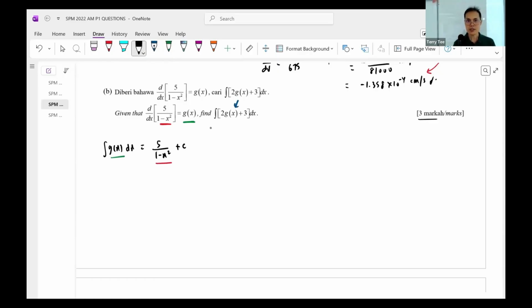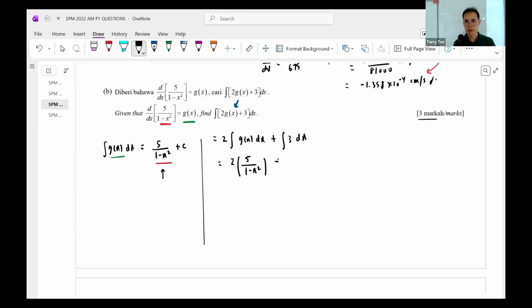So let us just break it up. Take out 2, integrate g(x) dx, break up 3 dx. Now, you may be able to do one more step. Break up the g(x) and 3 first, then we take out the 2. Yeah, you can. Now, the integration of g(x) dx will give us this, so we are going to sub inside.